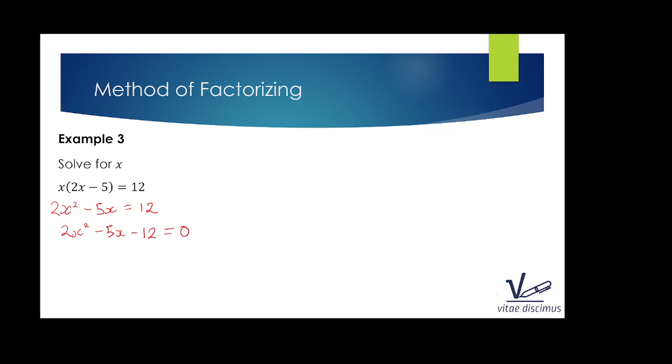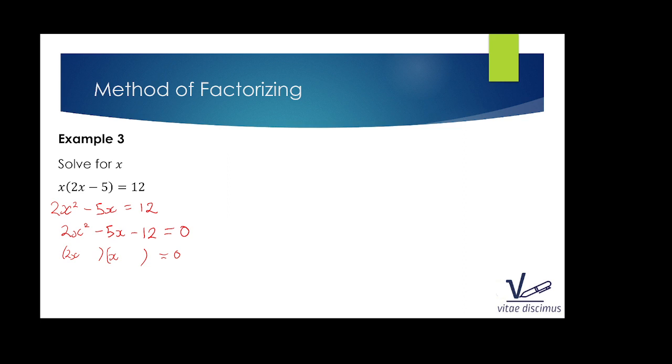To factorize this, it's a bit tricky. We're going to have two factors as usual because we expect two solutions. Because we have a 2x squared, in one of the factors we should have a 2x, and in the other factor an x term. The other terms must be factors of negative 12, sign included, but they need not add up to the middle term because we now have this 2.